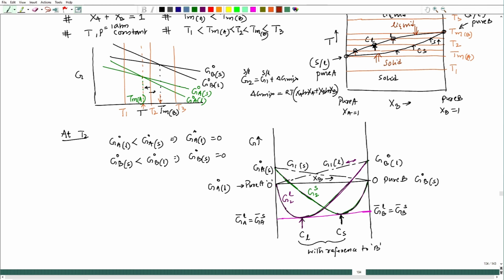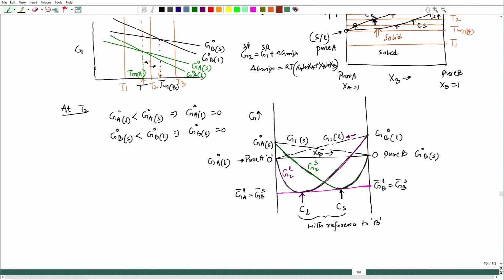And how does it happen? Let us take this particular diagram at a temperature little higher than T2, but still in between TMA and TMB.